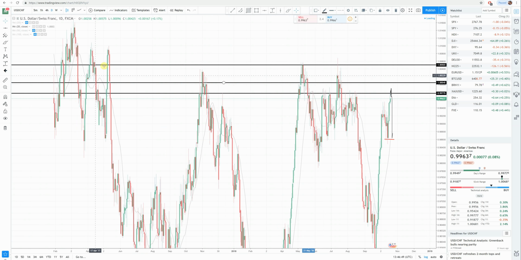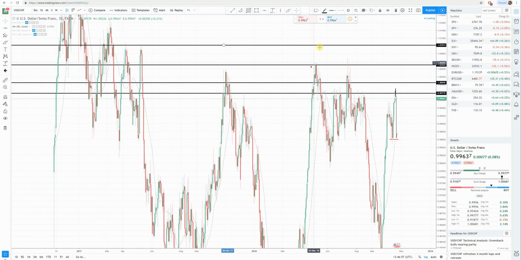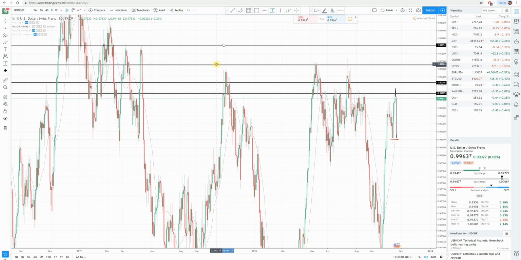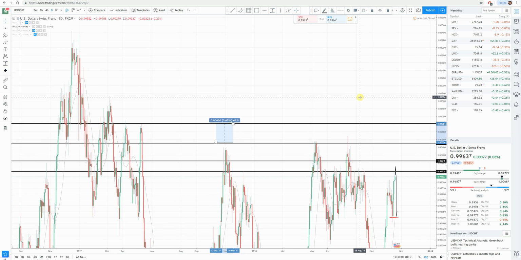But if price does indeed break through, we have a bit of a reward. Around 50 pips. And if it breaks again that one, we'll have another one here, another big level upcoming here, maybe in the next few weeks or so.